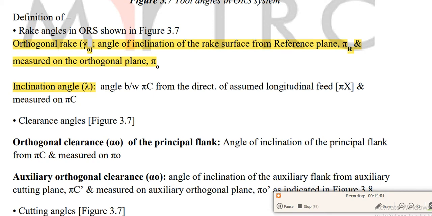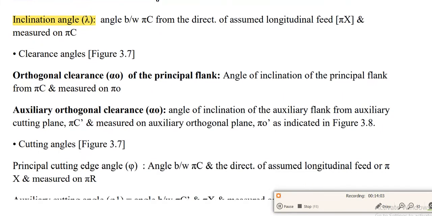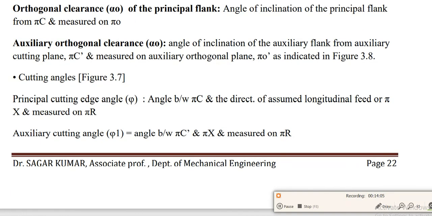And we can see from the figure the clearance angles. Now further, orthogonal clearance alpha naught of the principal flank. So what is the orthogonal clearance? It is the angle of inclination of the principal flank from pi c, measured on pi naught.